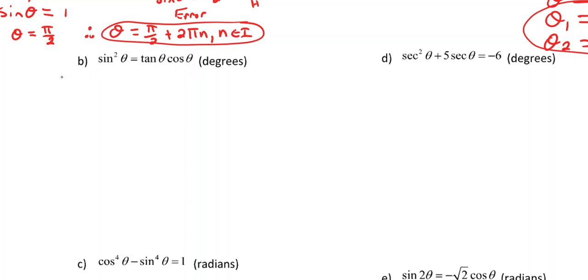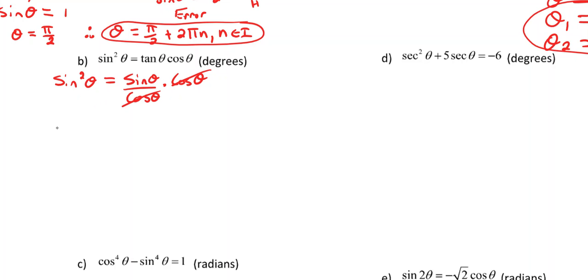So I can rewrite this now as sine squared theta is equal to sine theta over cos theta times cos theta, which works out nice. I can cross those out, right? And then at this point, all we're going to do is get sine squared theta and sine theta on the same side.